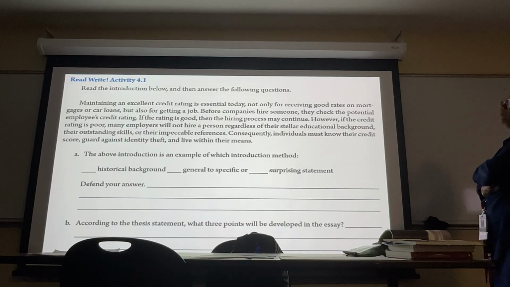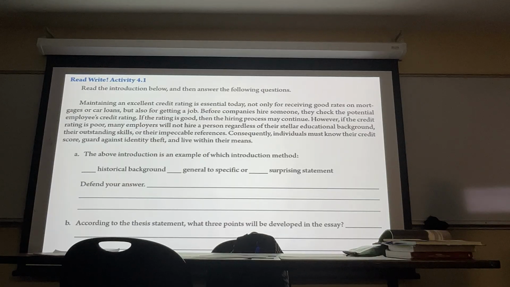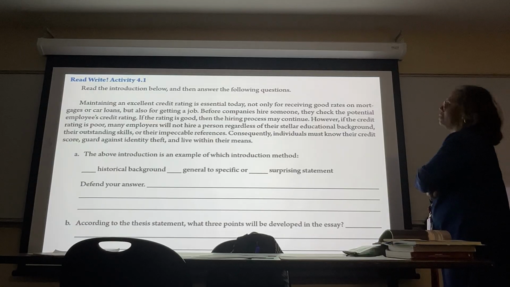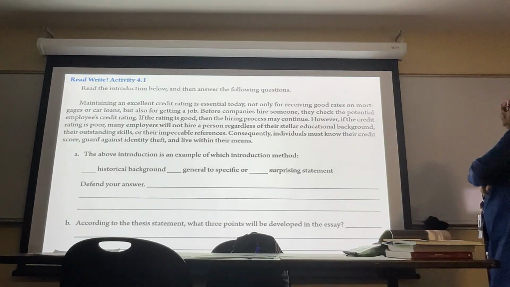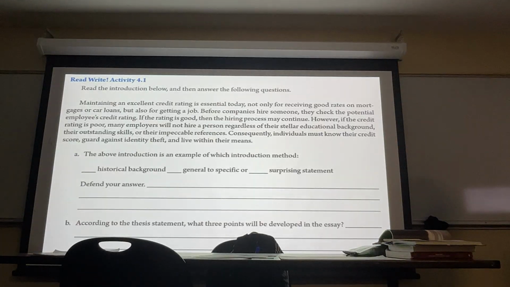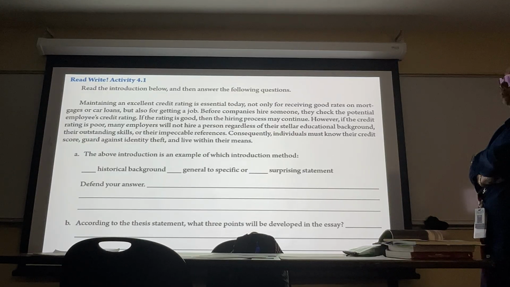However, if the credit rating is poor, many employers will not hire a person regardless of their stellar educational background, their outstanding skills, or their impeccable references. Consequently, individuals must know their credit score, guard against identity theft, and live within their means. Okay, so we're at a nice little intro right there.